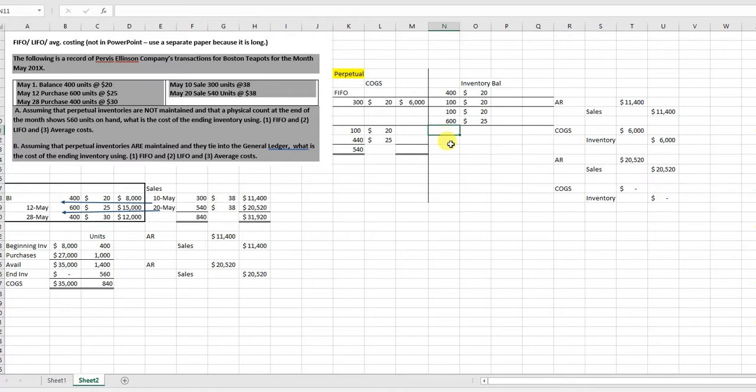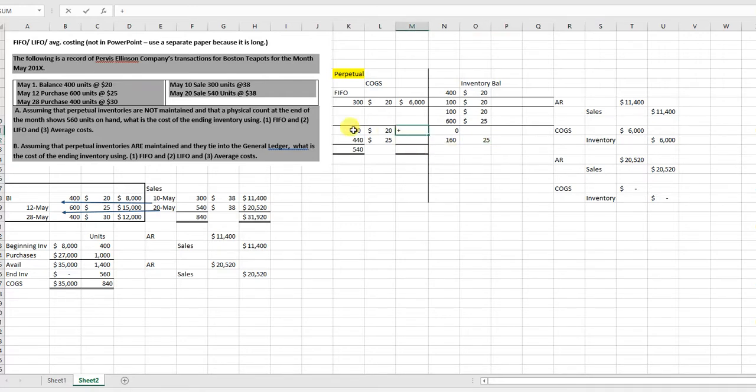So I can do my inventory layers now. I have 0 of the $20 ones, and I sold 440 of the 600, so my inventory left of the $25 ones is 160. Make that a 0. Okay, of the $25 ones, so right now that's my inventory layer.